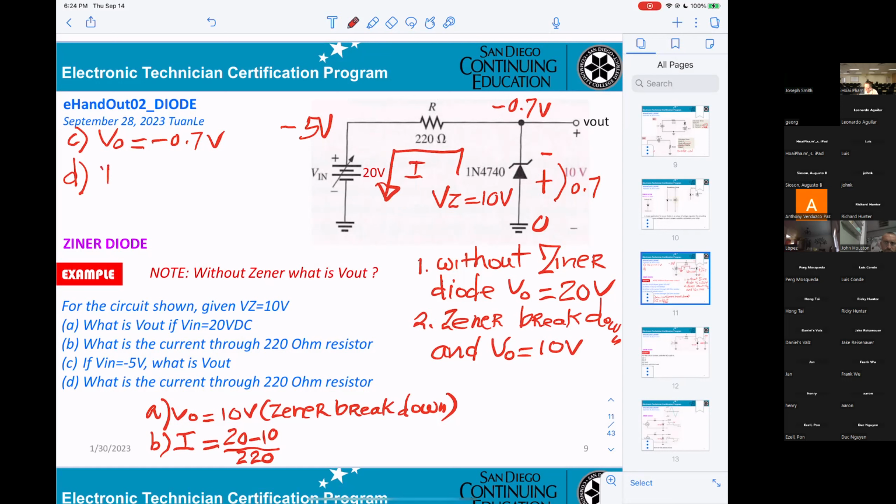So I will be minus 0.7 minus 5, divided by 220. So that will be 4.3, right? Yep.